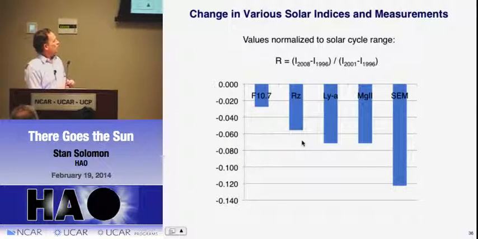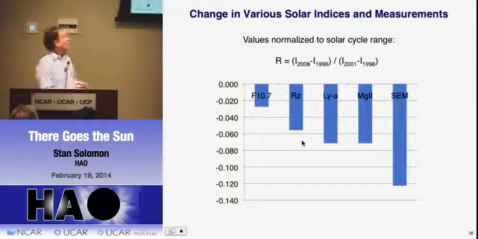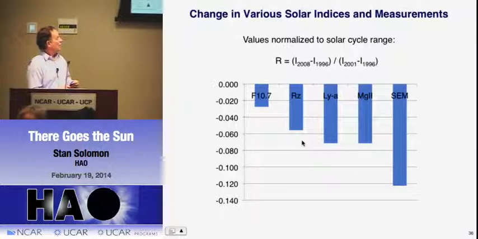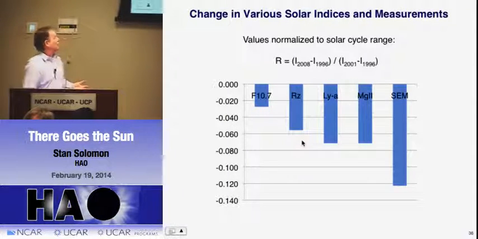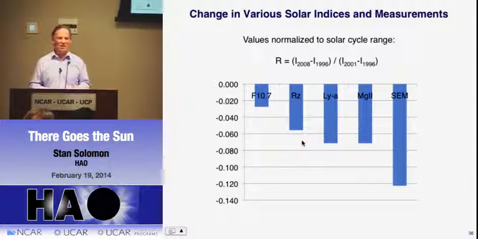So when you look at these various indicators on these scales, you see that indeed F10.7 was down, but not very much. Sunspot number on an annual average basis was down a lot, but that's mostly because there were long periods of time where there just were no sunspots. And the sunspot number can't drop below 0. Just as we think the F10.7 can't really drop below about 66.